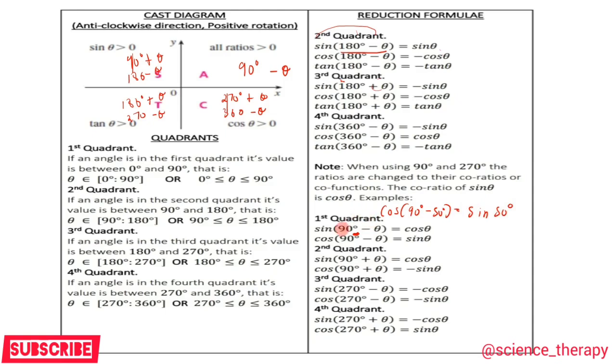Now you will realize that sine and cos are complementary ratios, right? What does that mean? It means that if we are considering angles between the first quadrant and the second quadrant, for example, cos 40 equals sine 50. Complementary, remember, means that the angles add up to 90 degrees.